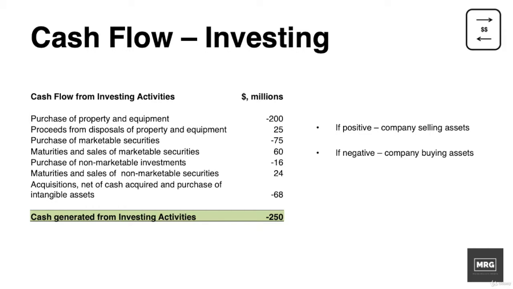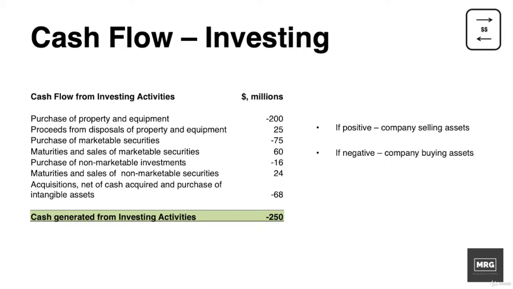Some companies do purchase marketable securities like stocks or bonds, for instance. When you buy these bonds or stocks, you need to record a negative outflow of cash to buy these securities. In another example, the fourth row, maturities and sales of marketable securities of 60 million. When you sell that stock or bond in the future, whether you make a profit or not, there will be a cash value there.